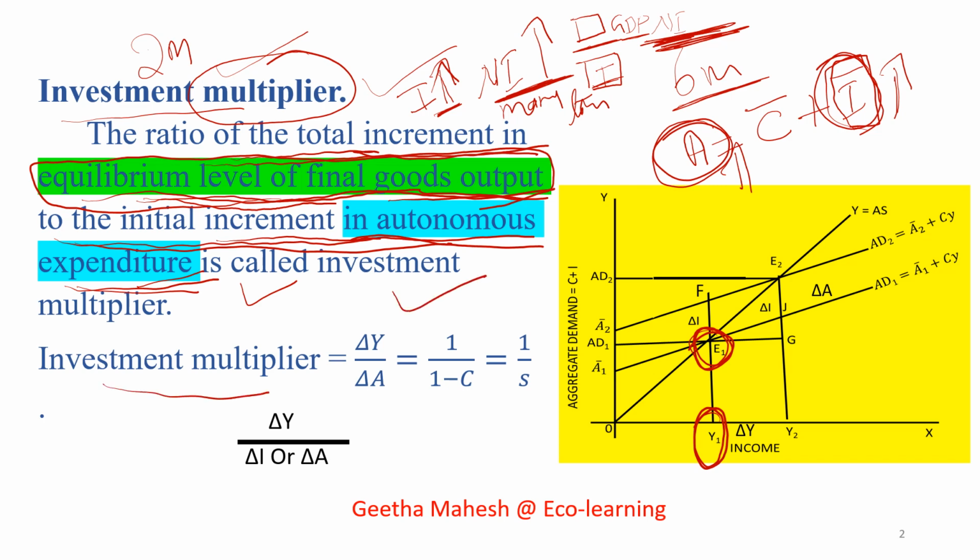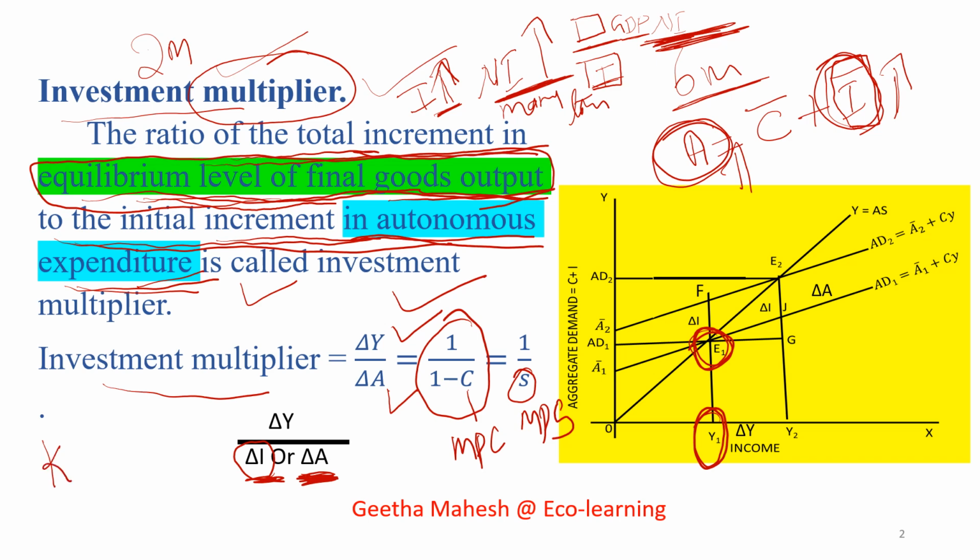What is the formula for investment multiplier? Delta Y divided by delta A, or you can write even 1 divided by 1 minus C. Here C stands for marginal propensity to consume, or you can write 1 divided by S, where S stands for marginal propensity to save. Here I took either delta A or delta Y. So now tell me, what is investment multiplier?